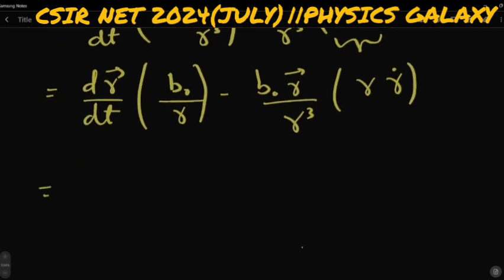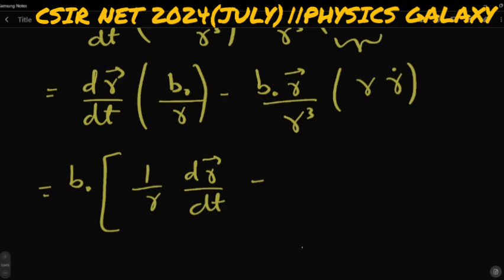Now B naught is common, so we can take it out. So B naught times 1 over r dr vector by dt minus r vector, and here one r and one r will get cancelled out, so it will be r squared in the bottom. You can write r dot, or simply dr by dt.